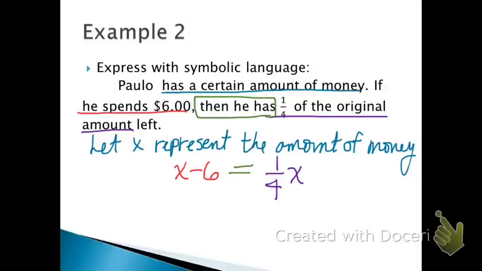Okay, so you're going to go through this type of procedure with each of these types of problems. You're just taking it bit by bit and putting it together. Sometimes you might go down the wrong road and have to backtrack a little bit, but notice how I've read this sentence several times in the process of putting it into symbolic language.